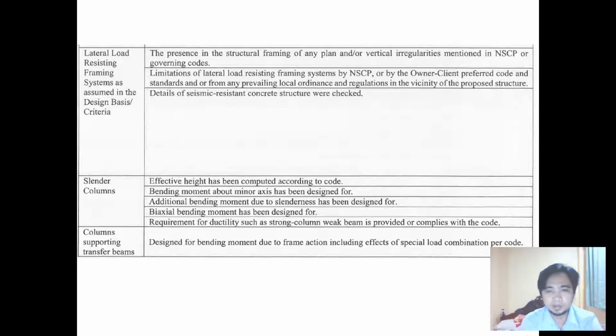As we can see, dapat yung column is stronger than that of the beam. Why? Because once there is a lateral movement, there will be no room or less time for evacuation. So what is important here is the collapse mechanism.